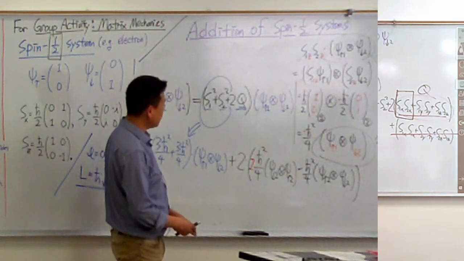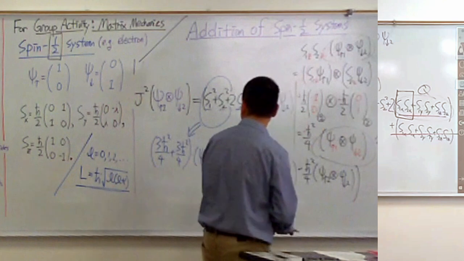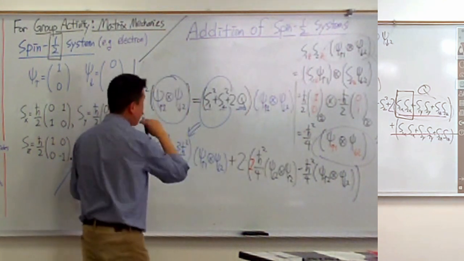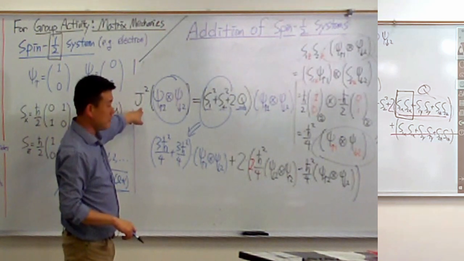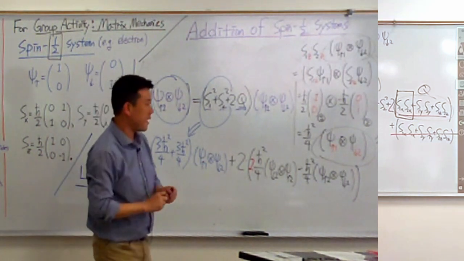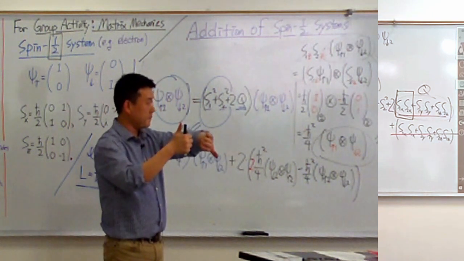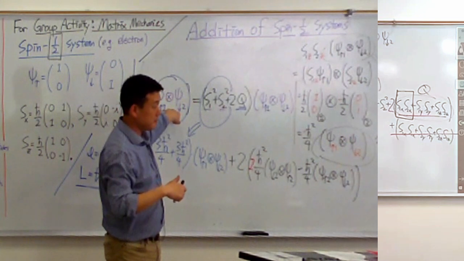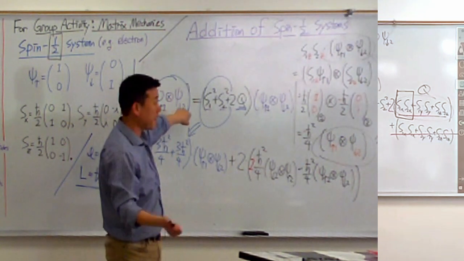So this is a very long-winded way of covering this. This is why I needed to work this through: this is not an eigenstate of this operator. When we just try to combine spin up and spin down into a single product state like this, it doesn't give you a total angular momentum eigenstate.